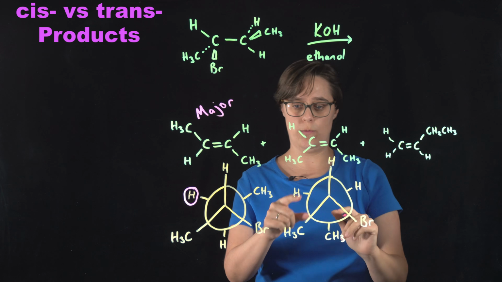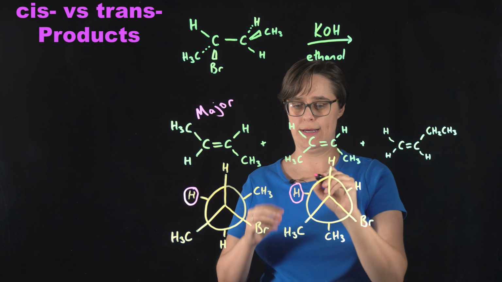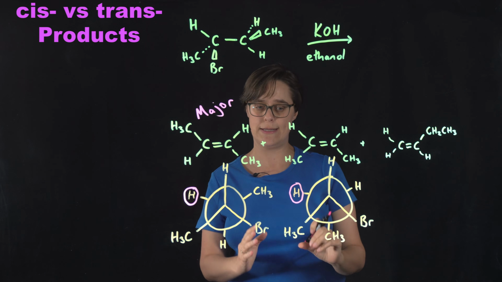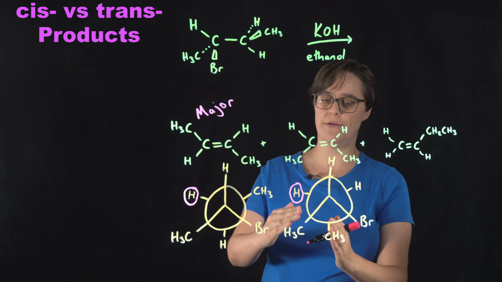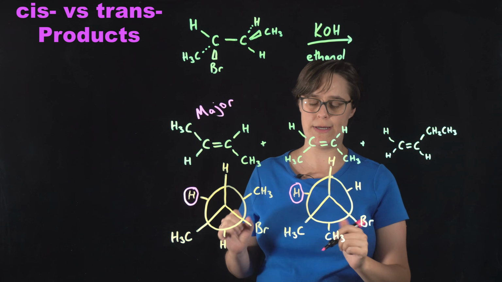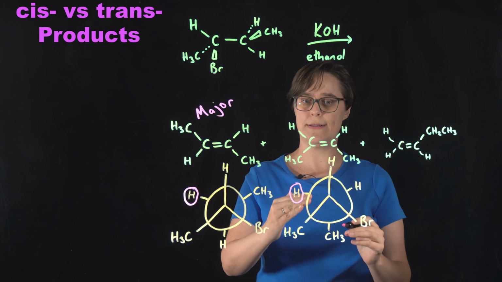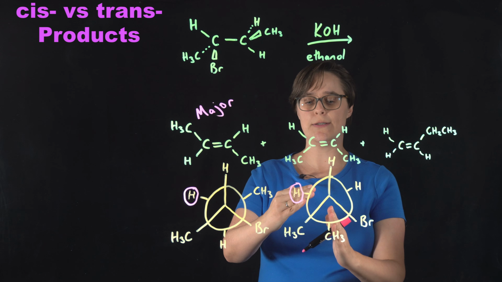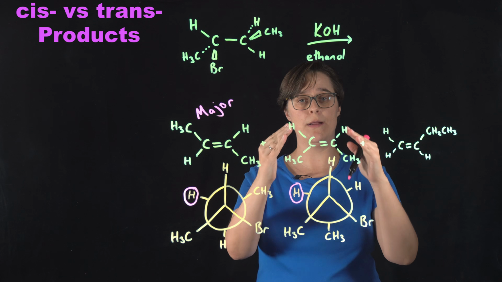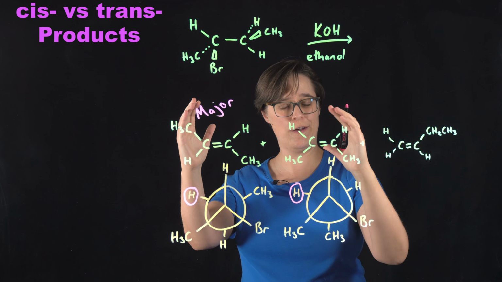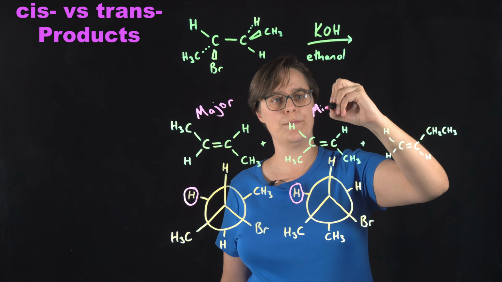And here, once again, this can react. This is a valid conformation, but it is less stable because of the steric hindrance of these two CH3 groups. It can still react, but when it does, these are closer together. These are going to end up being on the same side. This is going to be the minor of these two products.